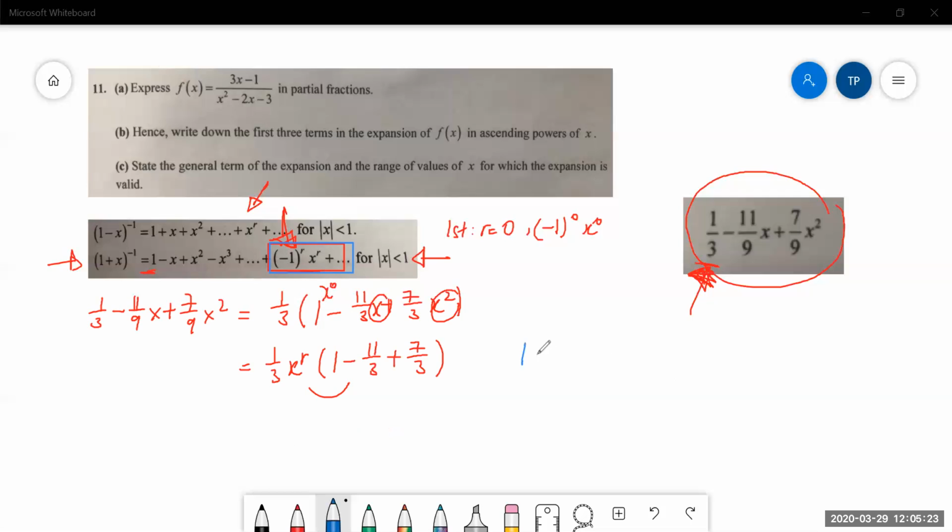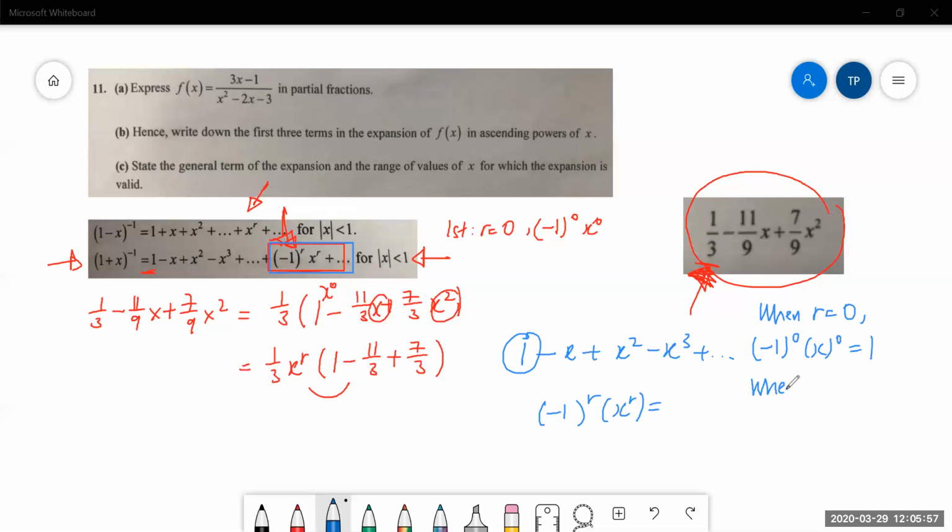If I have 1 minus x plus x squared minus x cubed, by using this formula, we can see that when r equals 0, what will we get? We have minus 1 to the power of 0, x to the power of 0, which is 1. There you go.